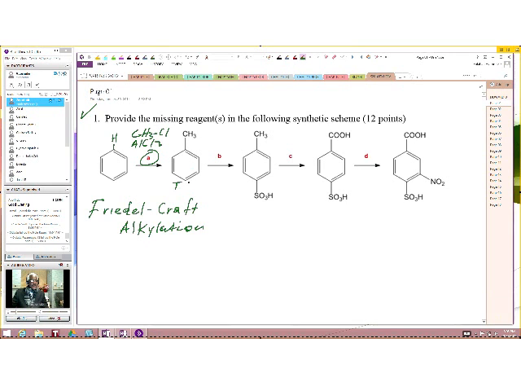This molecule is called toluene. And this reaction here is called a Friedel-Crafts alkylation. Essentially, you need to know your reagents, all of the reagents that you need for most of these reactions in organic chemistry. Okay, thank you, Marcia.